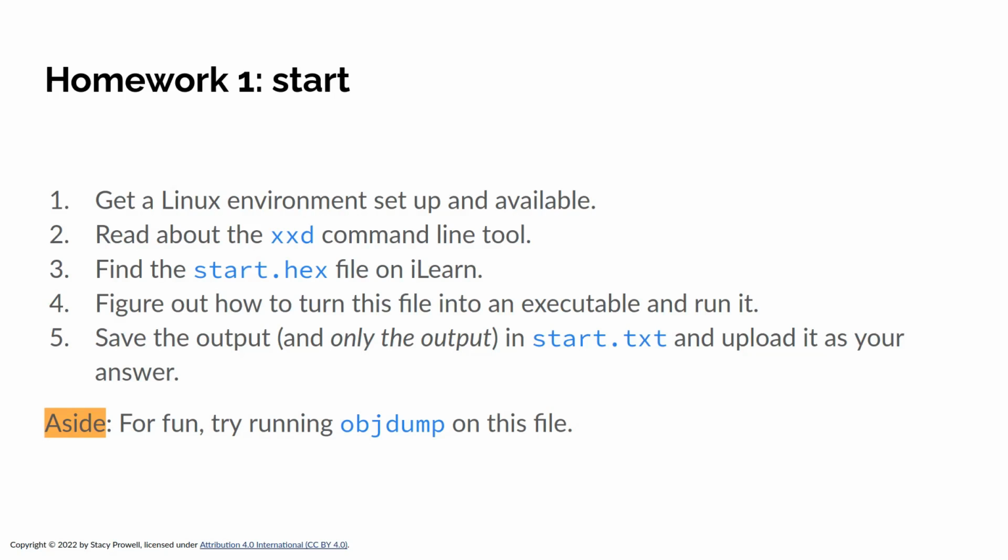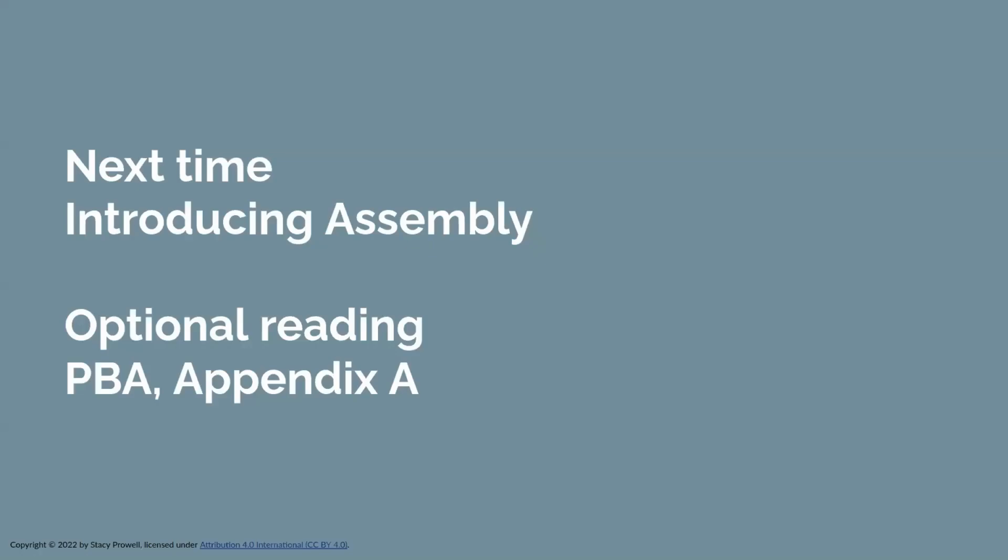I will take silence as an indication that you all didn't get the mute button off fast enough, and move on. Next time, we're really going to get into assembly. So we're going to start a series of classes that's going to be a whirlwind tour of assembly. There's some optional reading. If you happen to have the book Practical Binary Analysis, read Appendix A. If you don't have it, that's fine.